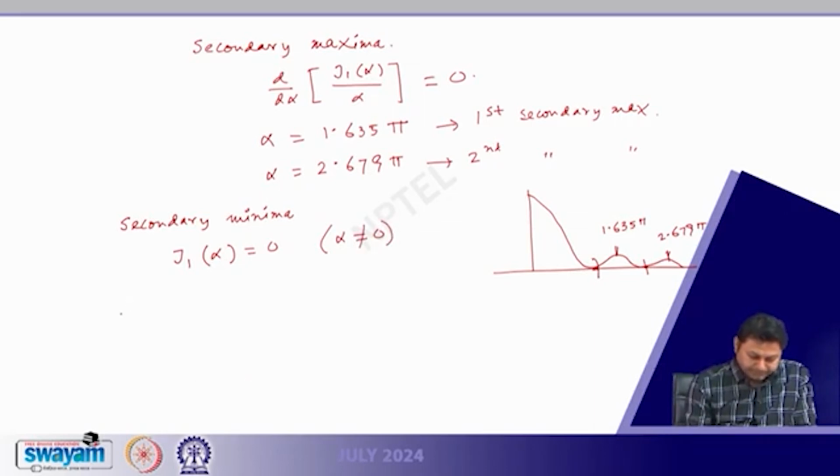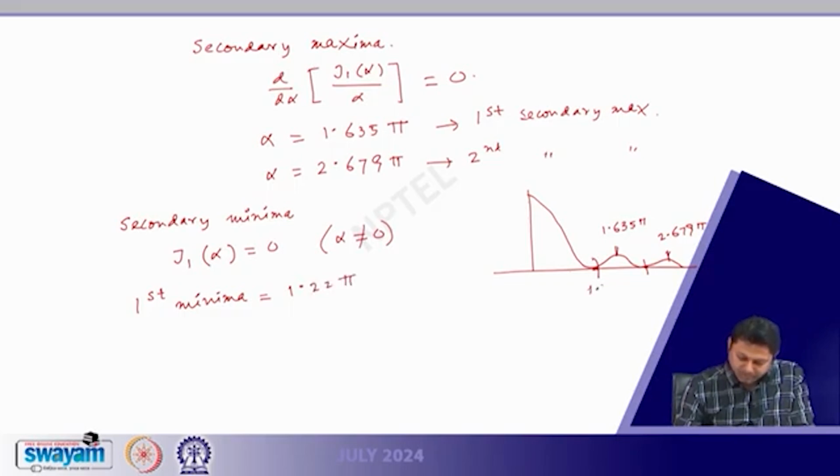The first minima is around 1.22 pi, that is here, that is the value of alpha for which I have the first minima.